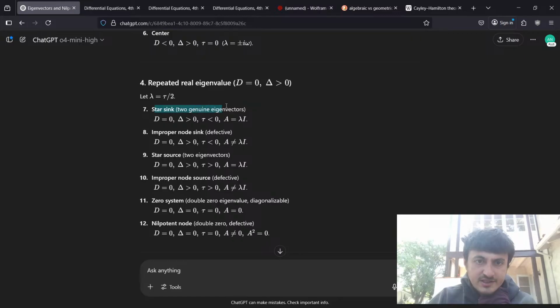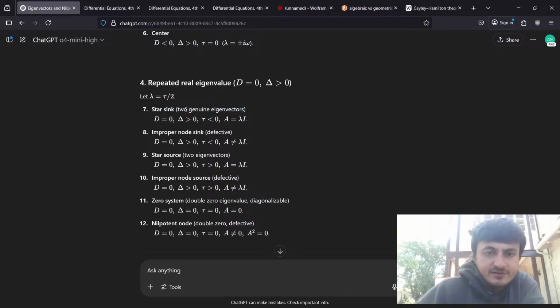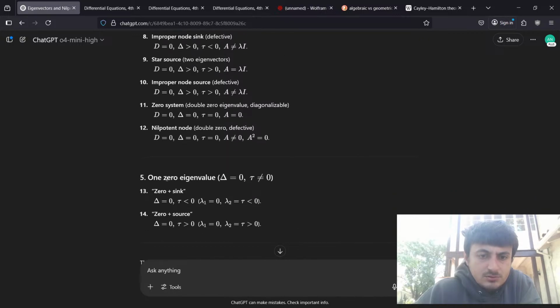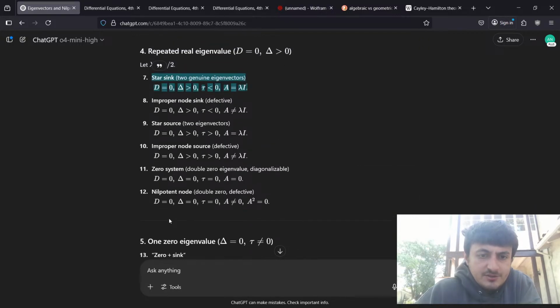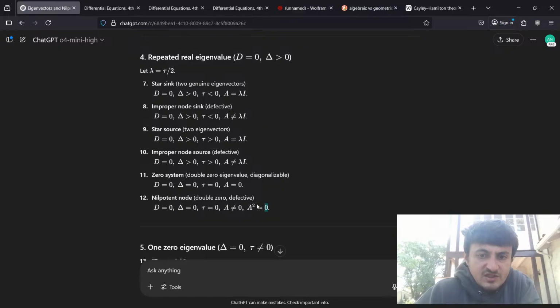Okay, star sink is where, okay, these are the repeated real eigenvalues where, oh. Okay, so we got this one. Double 0.